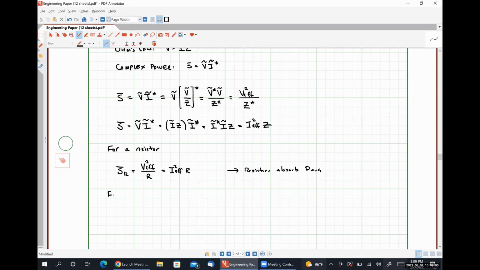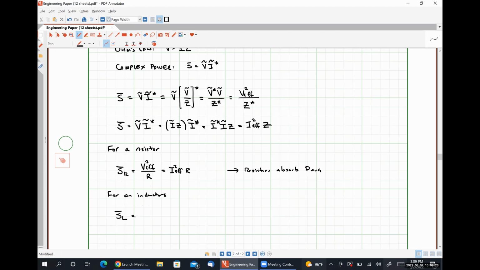For inductors, the complex power is going to be V effective over Z conjugate.